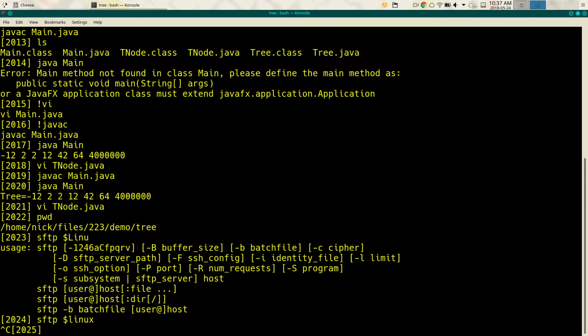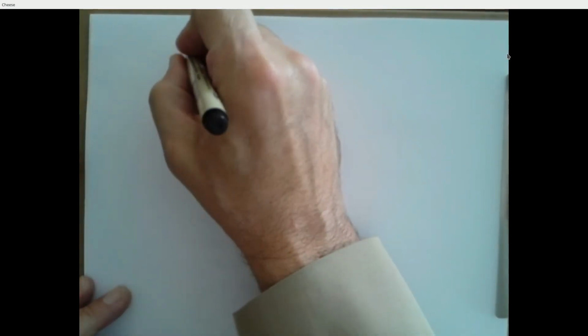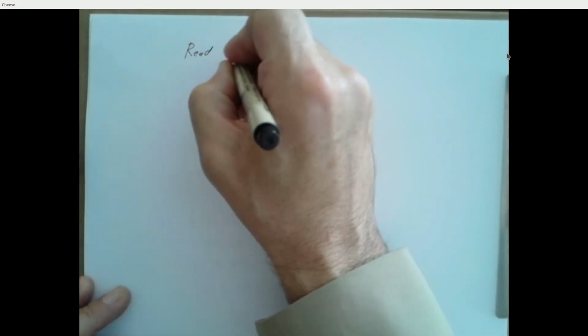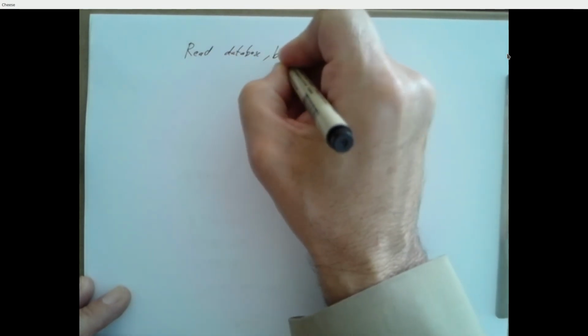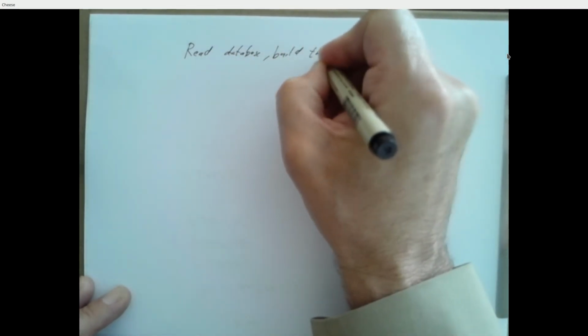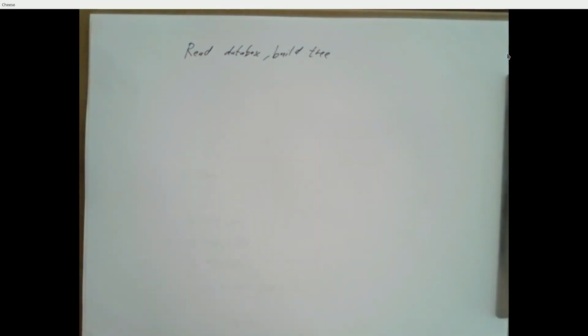In the very beginning, you read the database and you build your tree. And that's that recursive algorithm that I called ingest, right?